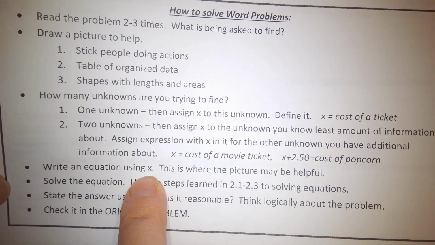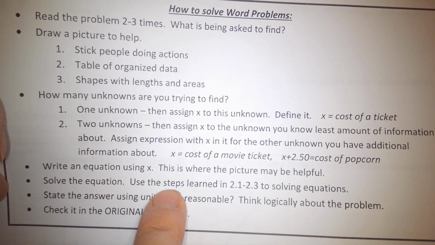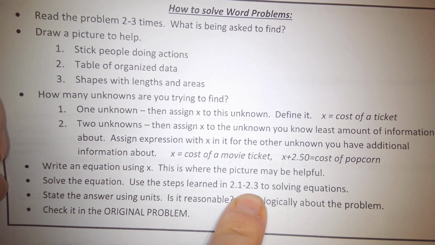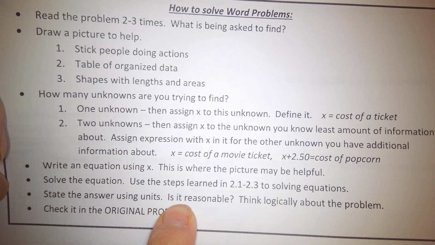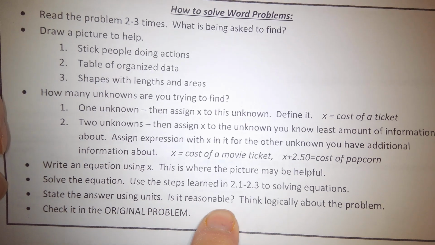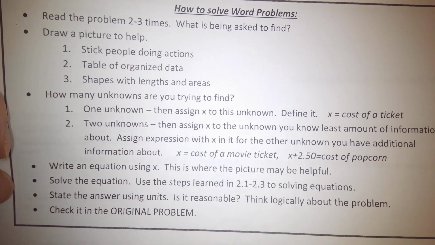Write an equation using x. This is where the picture may be helpful. Solve the equation, using steps from 2.1 to 2.3. State the answer using units. Is it reasonable? Think logically about the problem. Check it in the original problem.